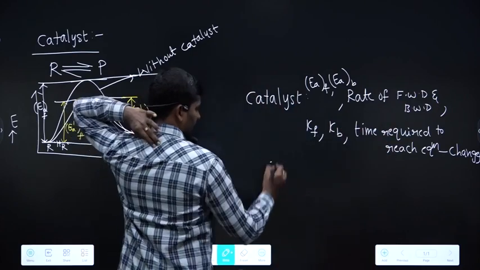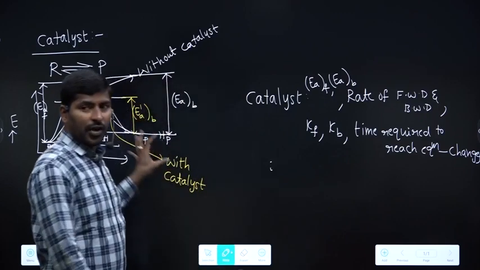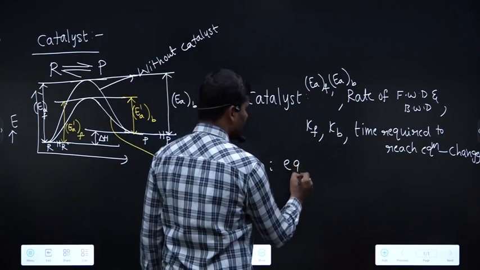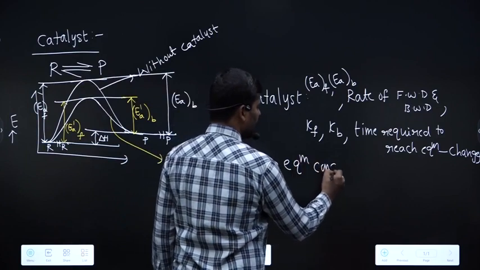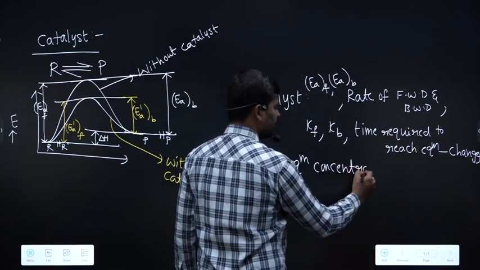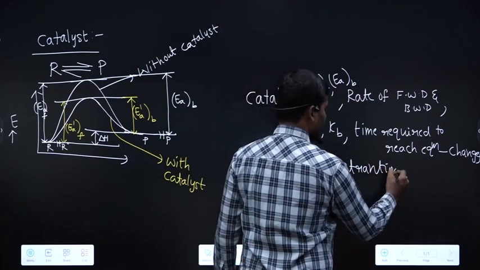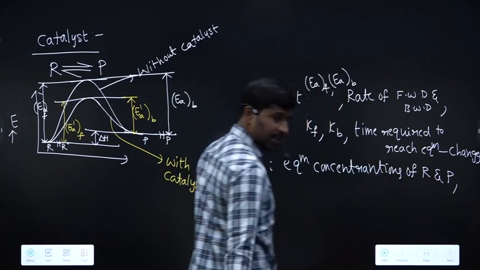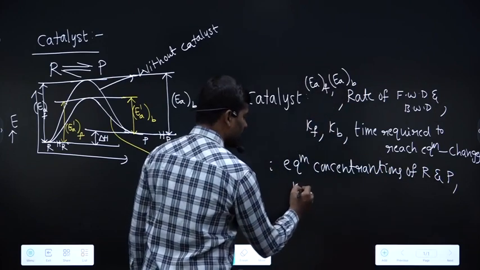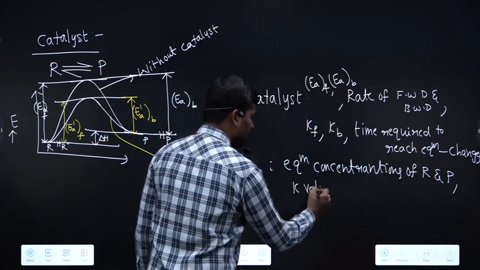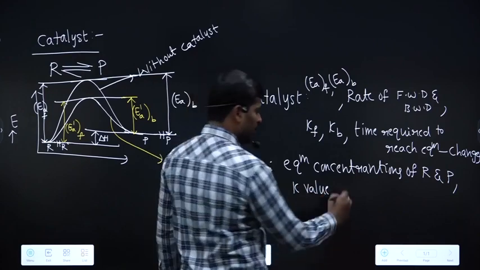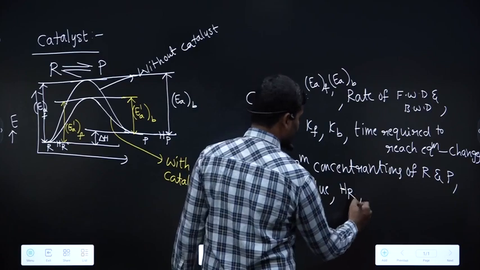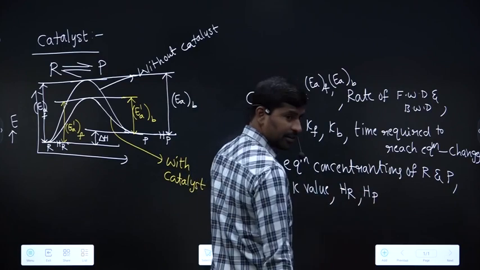But which values don't change by using a catalyst? Equilibrium concentrations of reactants and products don't change. Next, the equilibrium constant value, K value, doesn't change. What about the enthalpy of reactants? Changes or doesn't change? Doesn't change. Enthalpy of products doesn't change.